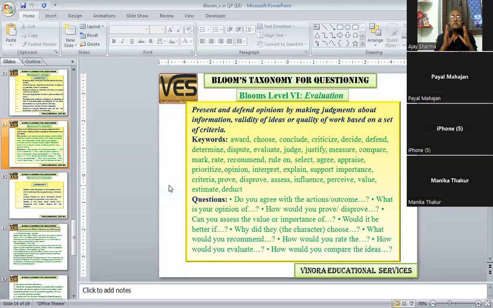Analysis and synthesis, these two steps out of the first five are the most important for evaluation.